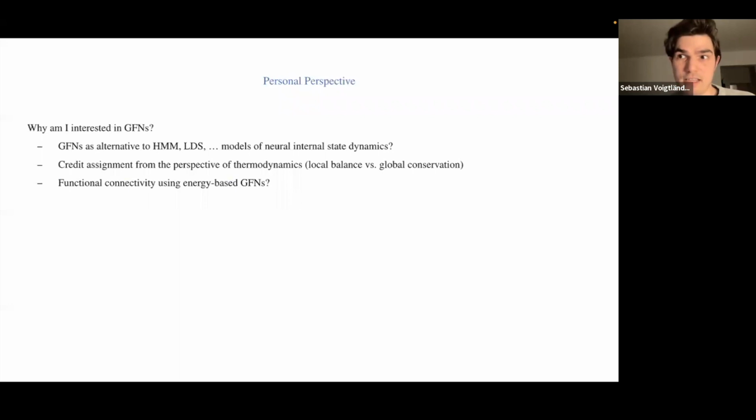The other thing I would find very interesting is to learn energy-based models, maybe based on GFlowNets, because they have nice properties of discovering many modes, to model functional connectivity in the brain, which is something I've been thinking about for quite a while. That would be a very interesting application.